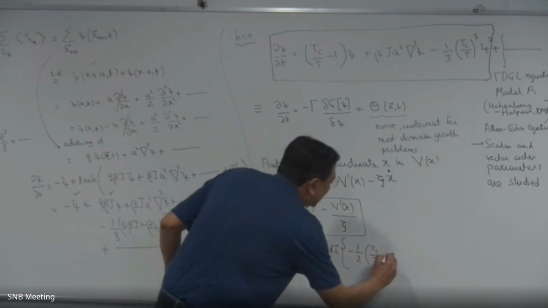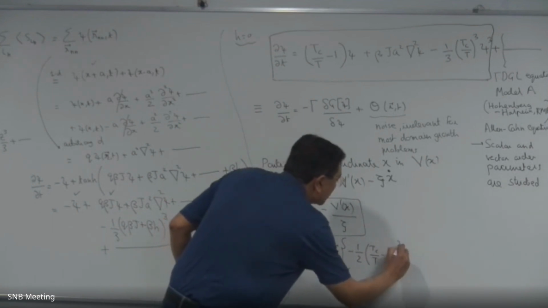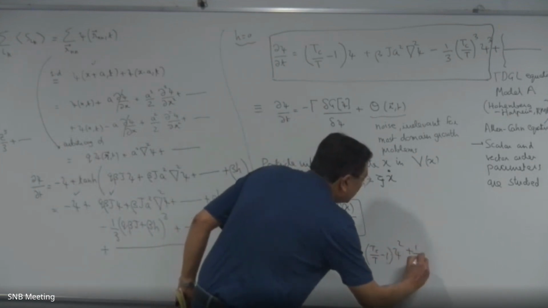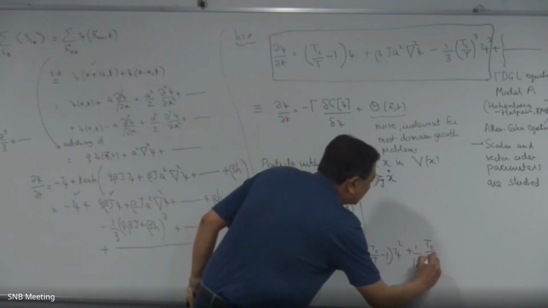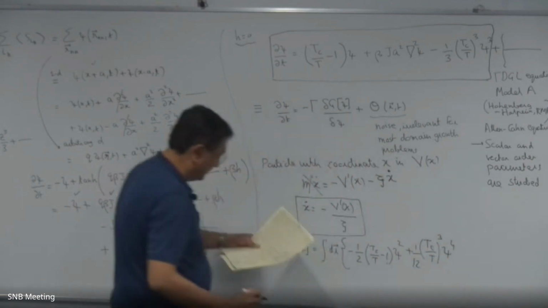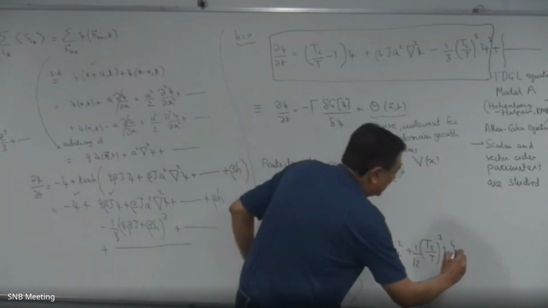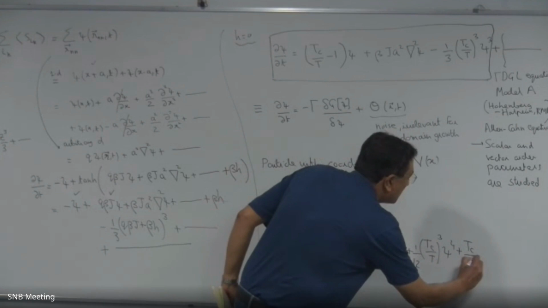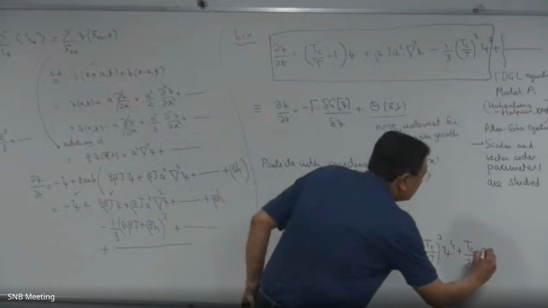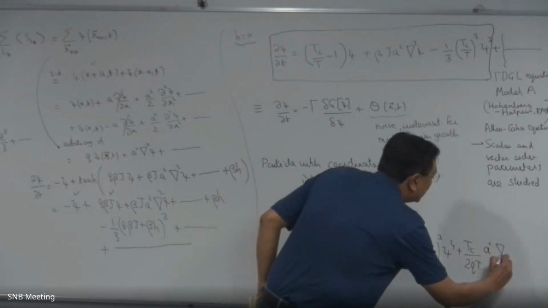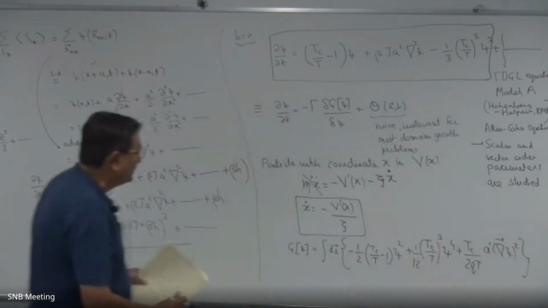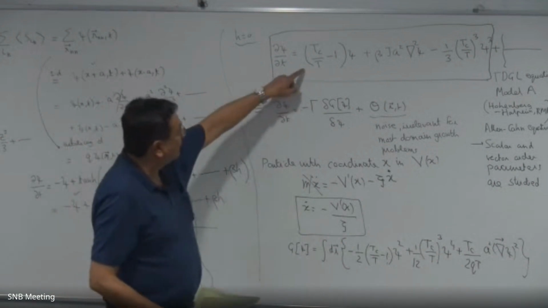Half, Tc by T minus 1, psi squared, and the second term is 1 over 12, Tc by T the whole cubed, psi to the fourth, and the last term is Tc by 2 qT, where T is the temperature, E squared, grad psi squared. That's the free energy which I claim gives rise to that particular equation.